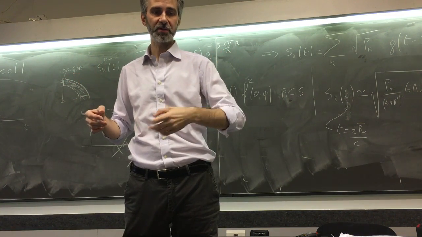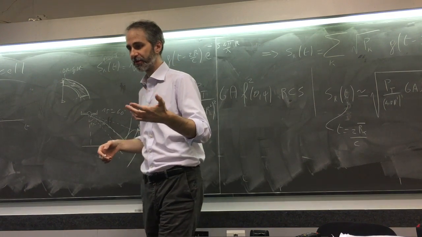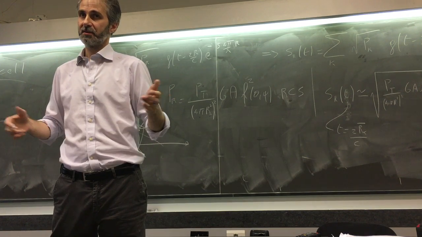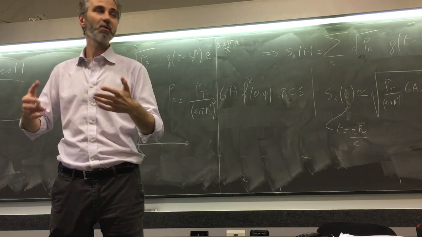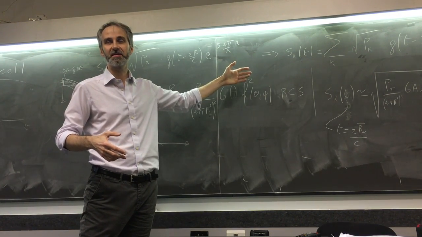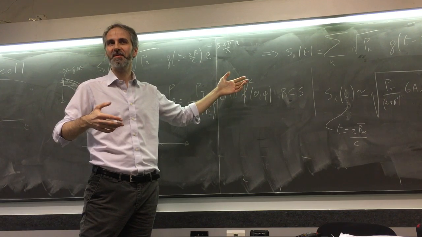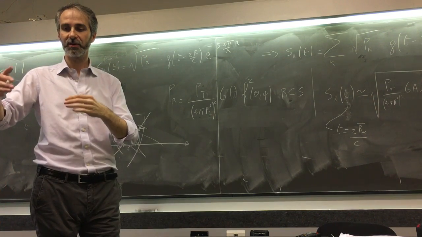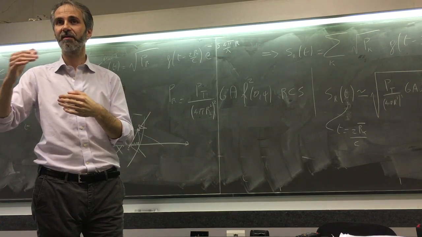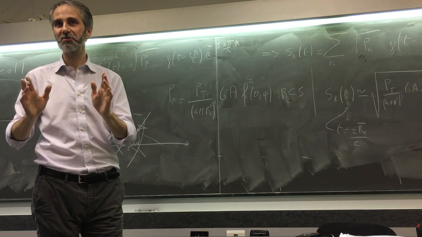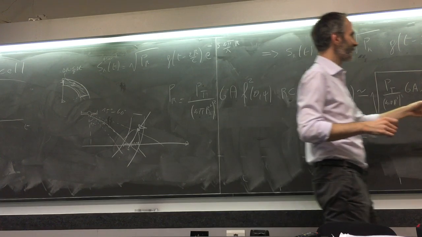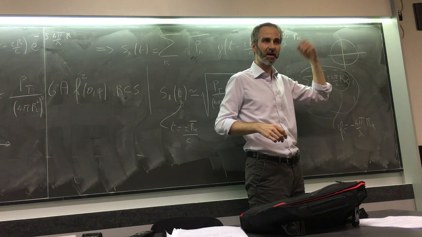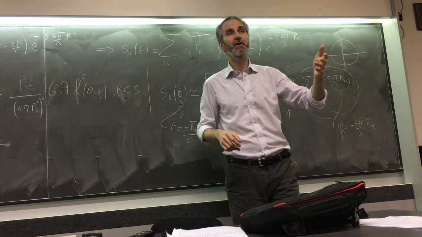Now, if you assume to just take a bunch of cobblestones and spray them onto the ground, then you will get more or less that every phase is equally possible. Of course, this is true as long as your resolution cell is much larger than the wavelength. If this is not true, then this game that even a small distance variation gives you a huge phase variation is no longer true.